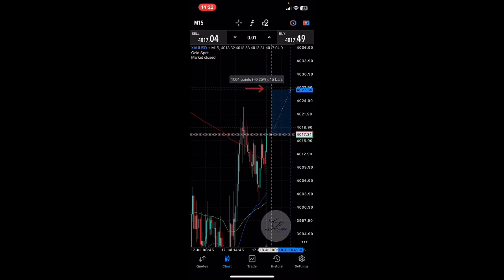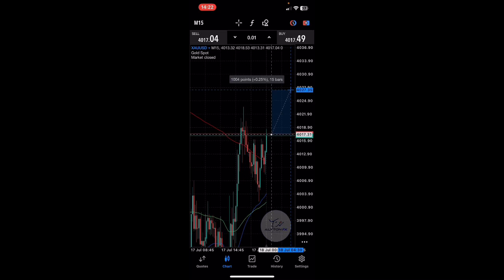So this is exactly 100 pips. For example, you bought at the current price, which is 4017, and the price moved from 4017 to 4027. It means you made 100 pips profit.